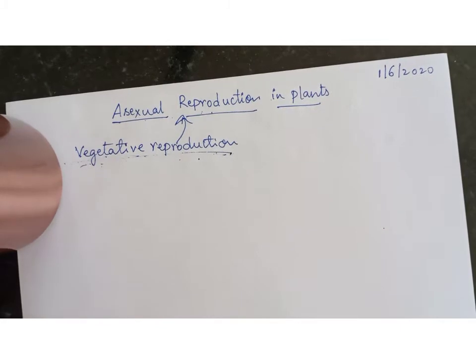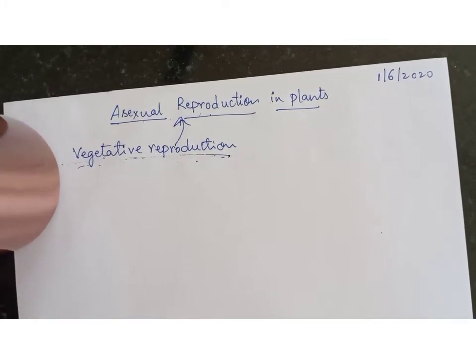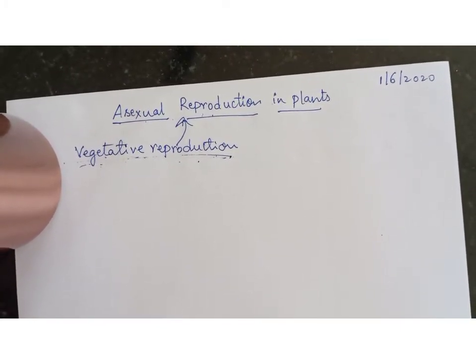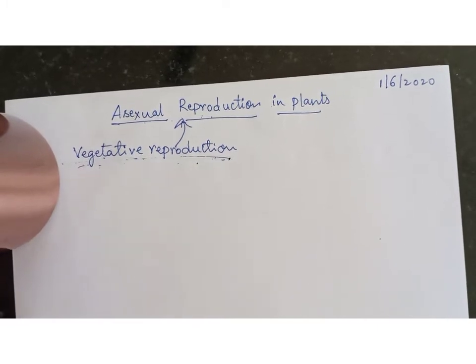A number of angiospermic plants exhibit various methods of vegetative propagation.